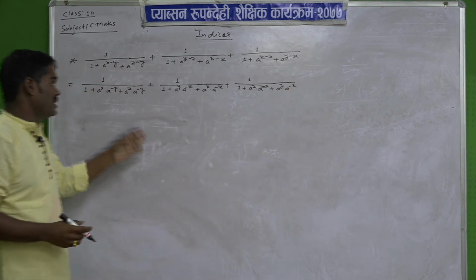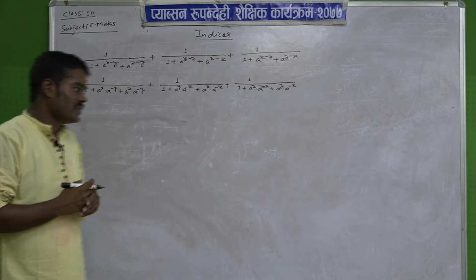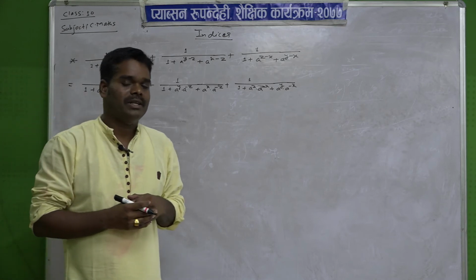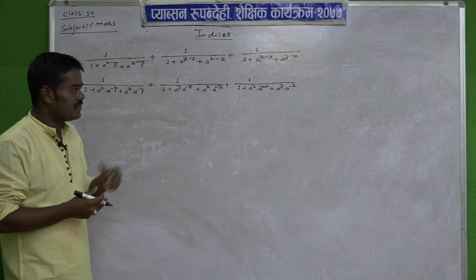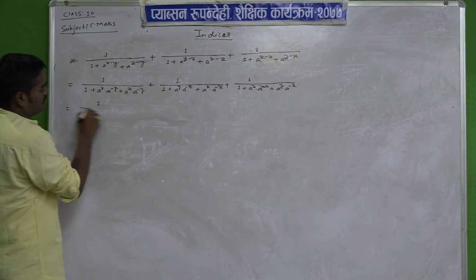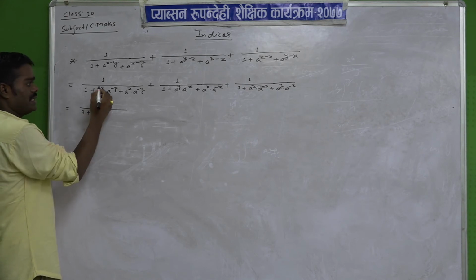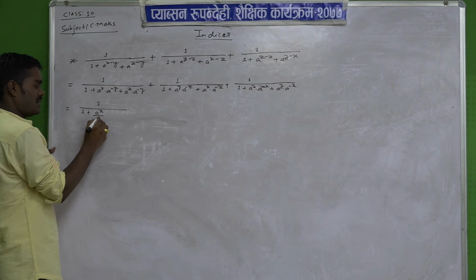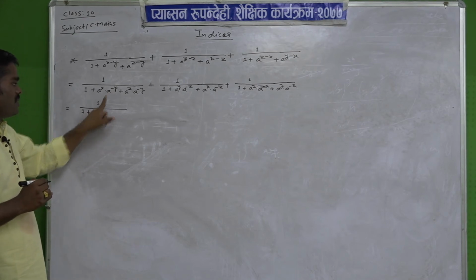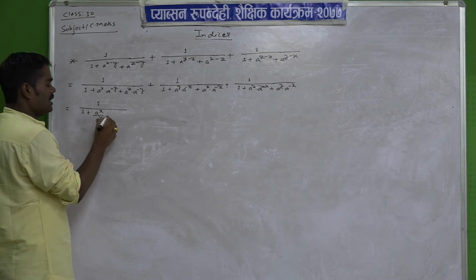So, we have the negative power here, we have to make it positive. If it is in the numerator, we have to transfer it to the denominator to make it a positive power. See here, 1 plus a power x, here is a power minus y. To make it positive we transfer it to the denominator, so this minus power became plus: it became a power x upon a power y.